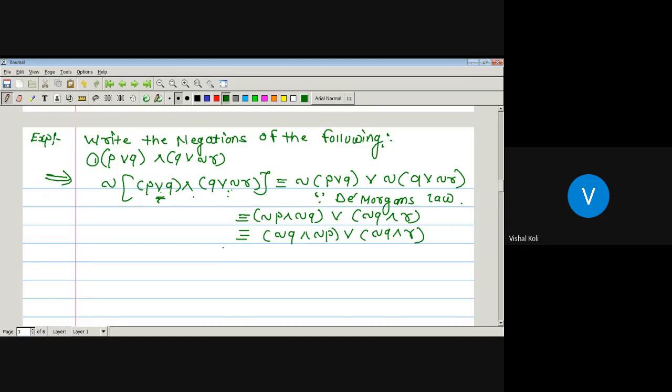So this can be written as... Now we have to use the distributive law. Here we have used the commutative property. Commutative law.